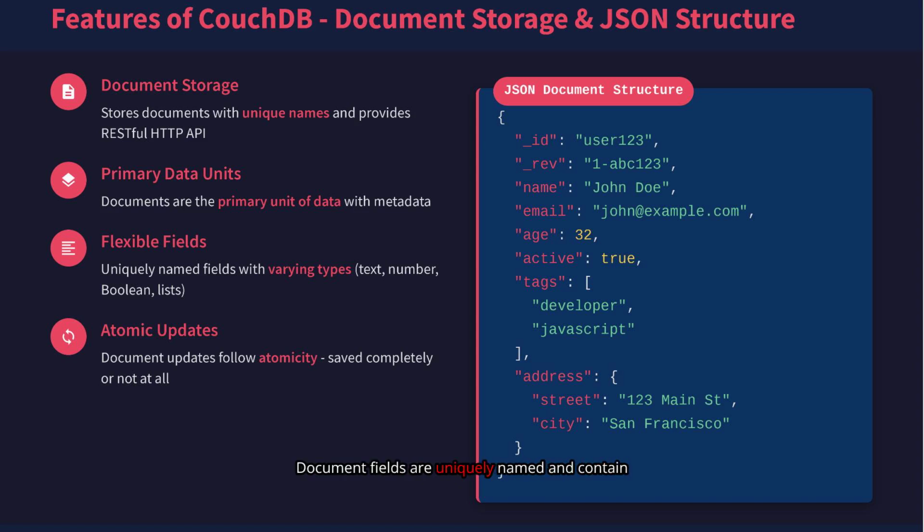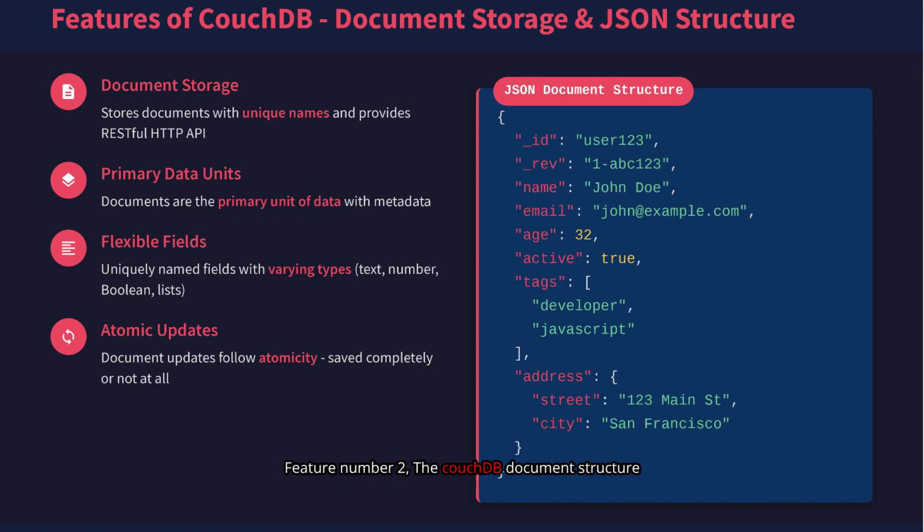Document fields are uniquely named and contain values of varying types, like text, number, Boolean, lists, etc., and there is no set limit to text size or element count. Document updates, like add, edit, delete, follow atomicity. That is, they will be saved completely or not saved at all. The database will not have any partially saved or edited documents.